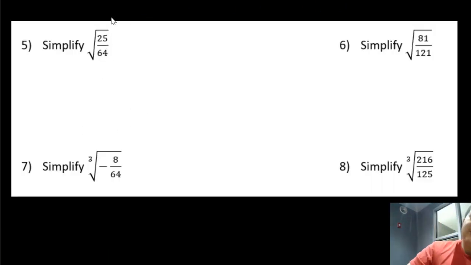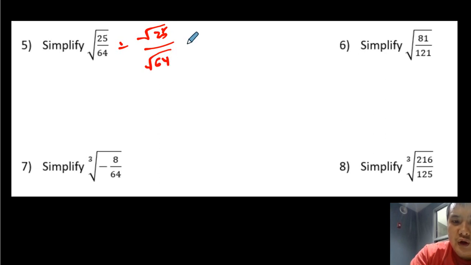Over here, we're going to try to take the square roots of some fractions. And so here, remember, we're trying to find what number multiplied by itself gets us this fraction. Now, this is going to be the same thing as the square root of 25 over the square root of 64.